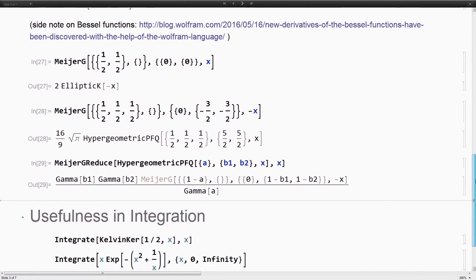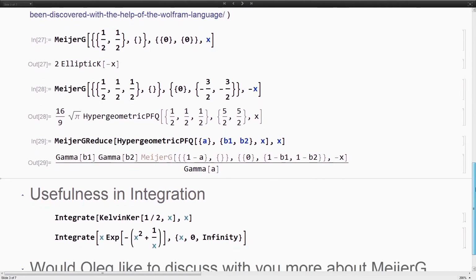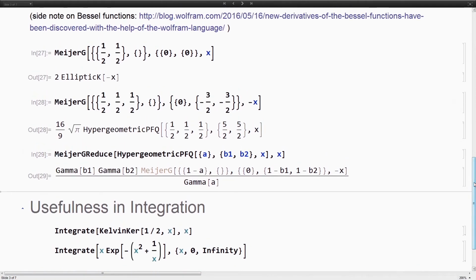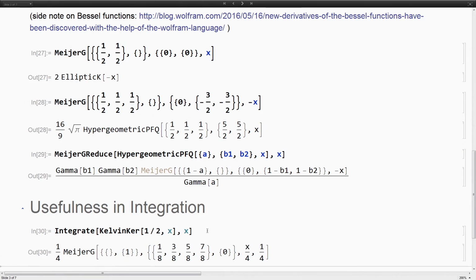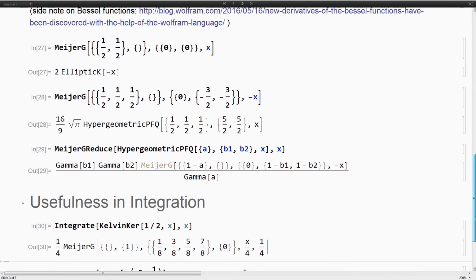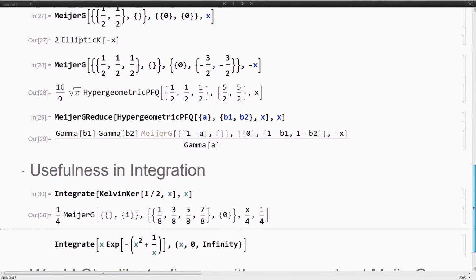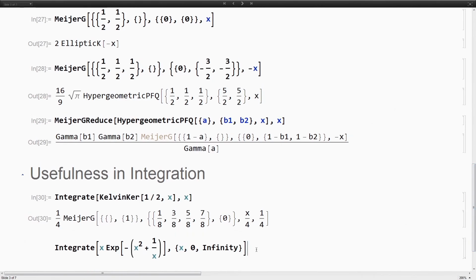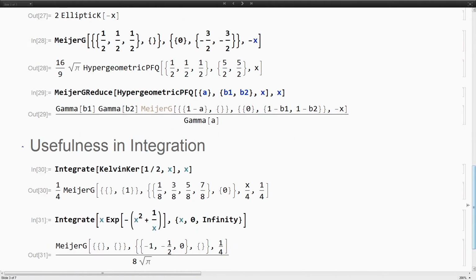And Meijer G is used in integration, as I mentioned, for uniformity, because basically we can translate a function into Meijer G form, with Meijer G reduced, you see, in 29 right now.